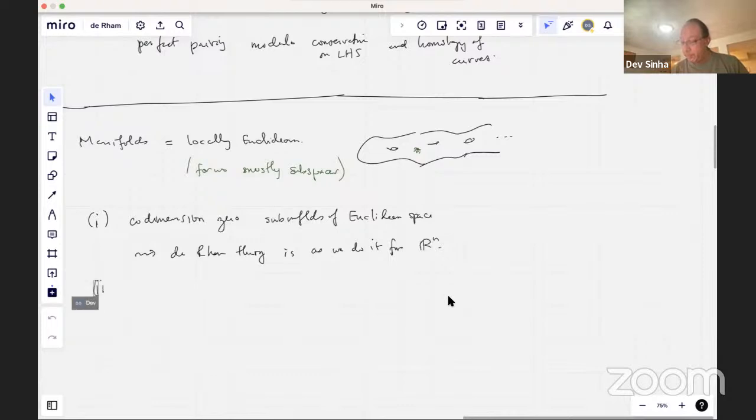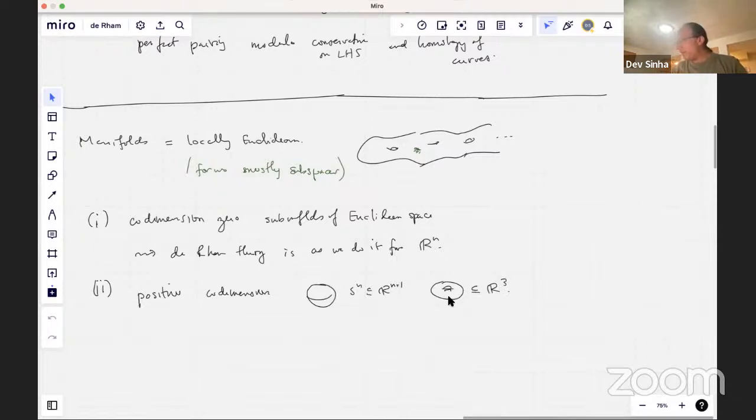A second kind of manifold that we're maybe going to talk about here and there is, well, positive codimension. So, for example, Sn sits as unit vectors inside Rn plus 1. Or I could look at a torus inside R3, right?